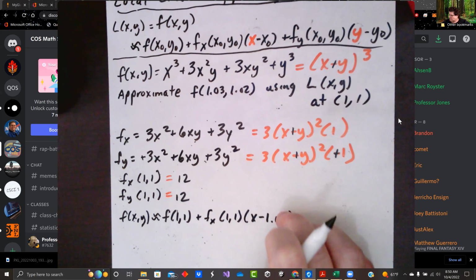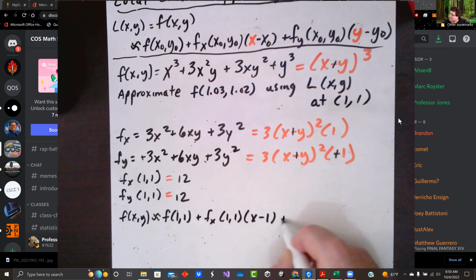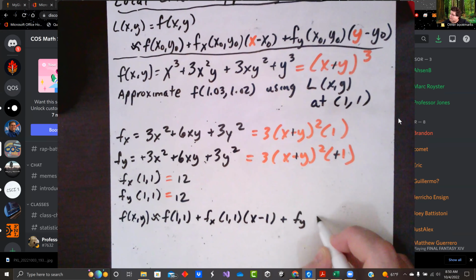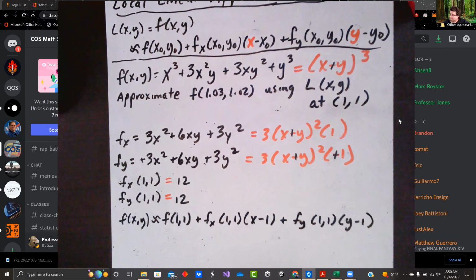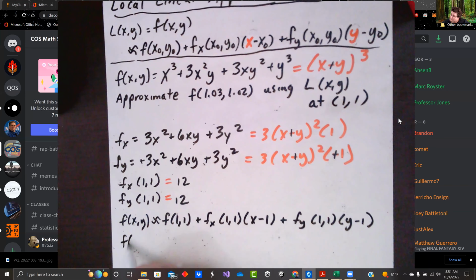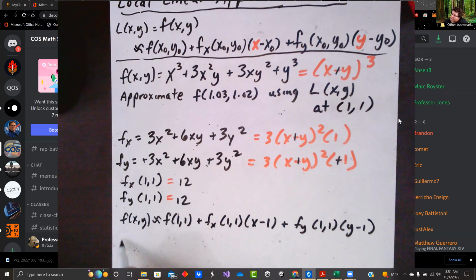On Friday, it was all wrong, so I had to redo it all. F of 1, 1 is 8.